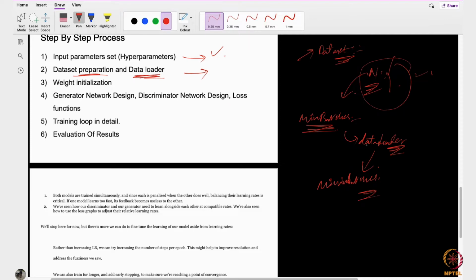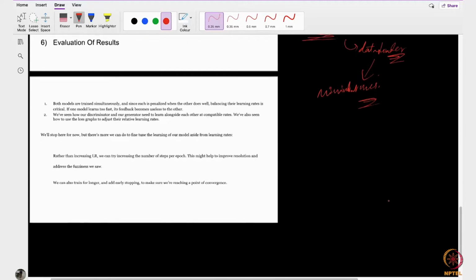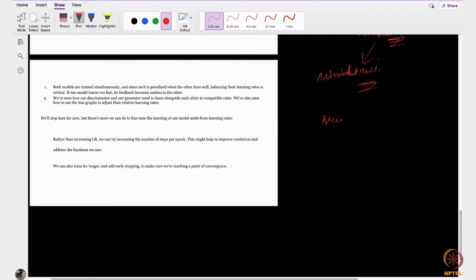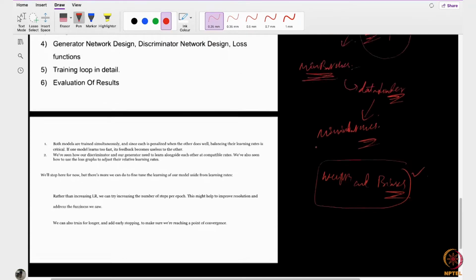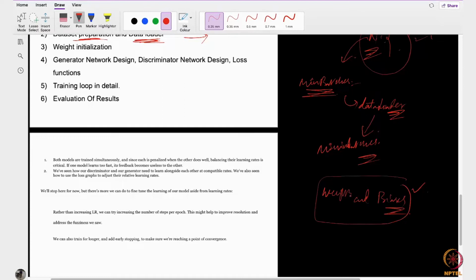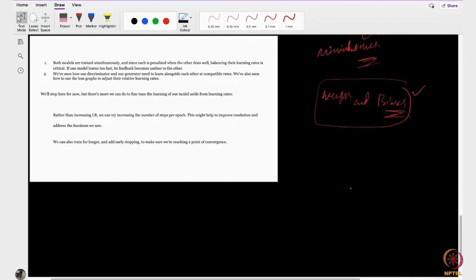After that we will prepare the model. After preparing this model, we should initialize the weights and biases. For that, in simple way, we call it the weight initialization step. We will follow some criteria to initialize these weights. End of the day, even weights are also just numbers only.